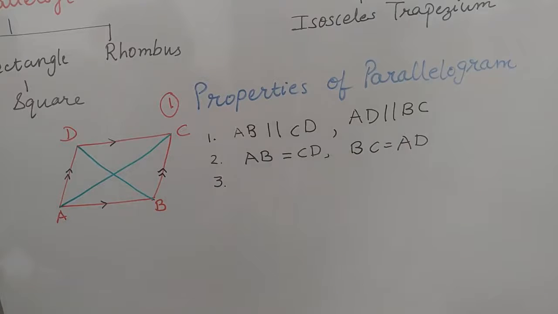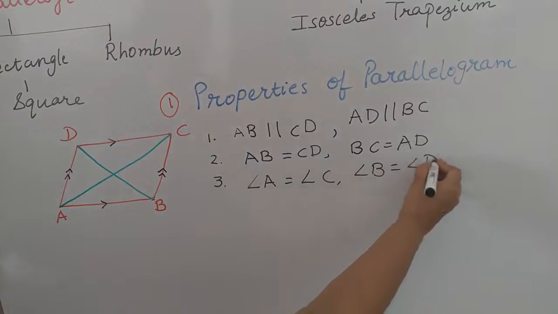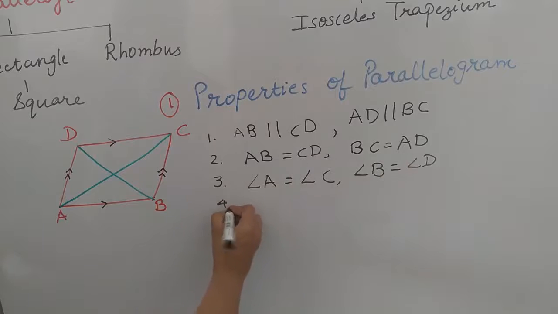Now the third property: opposite sides are both parallel and equal. Now we come to angles. In a parallelogram, opposite angles are also equal, like angle A is equal to angle C, and angle B is equal to angle D. This is the third property, of angles.